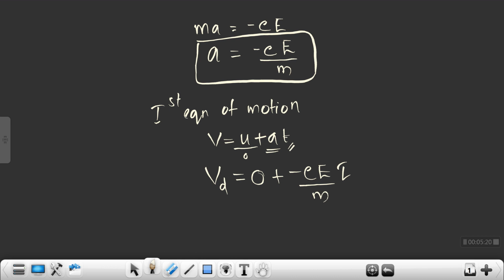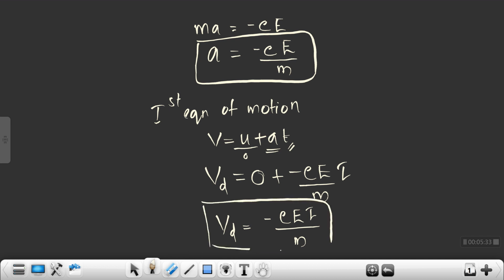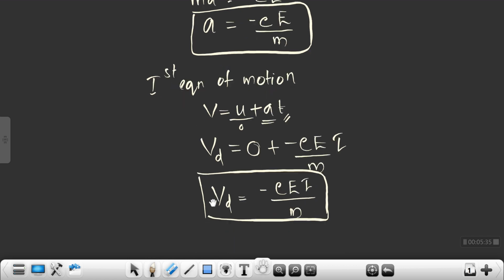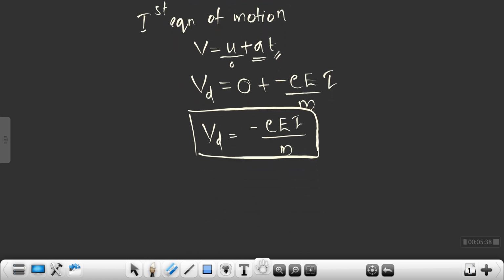So the equation for drift velocity is Vd is equal to minus eE tau by m. In this equation there is a negative sign, right? This negative sign shows that electrons drift in a direction opposite to the direction of the electric field.